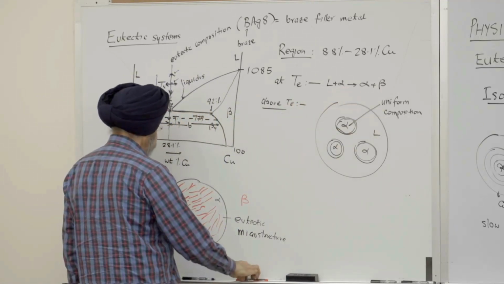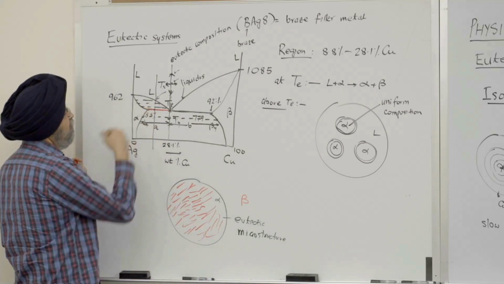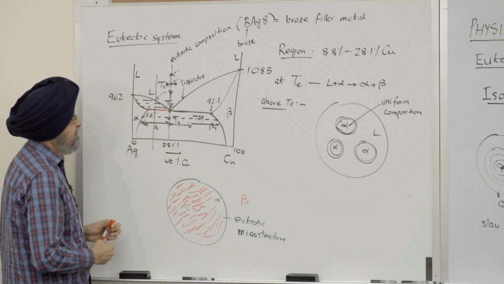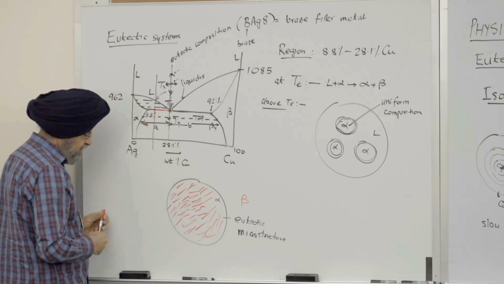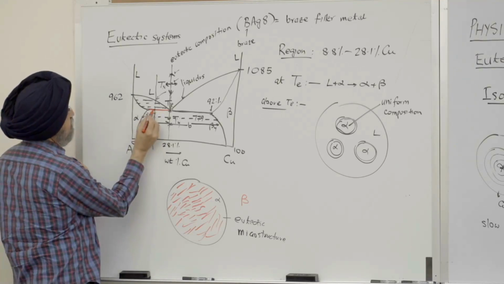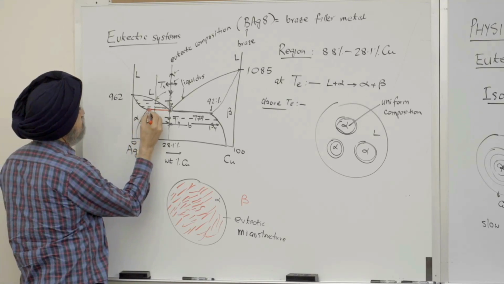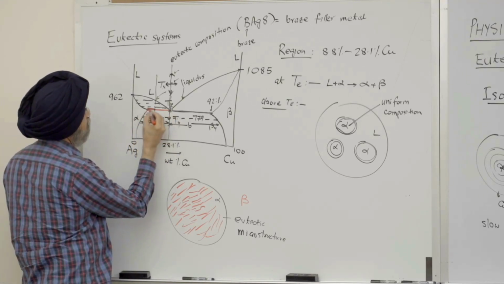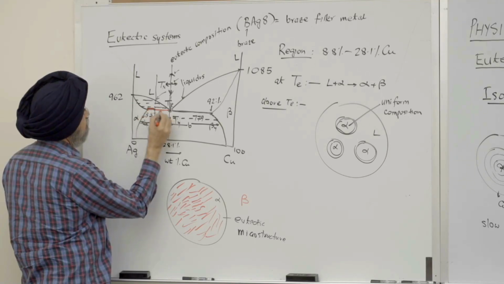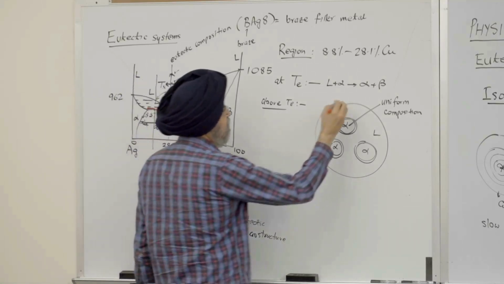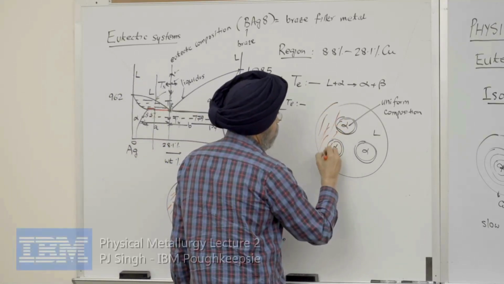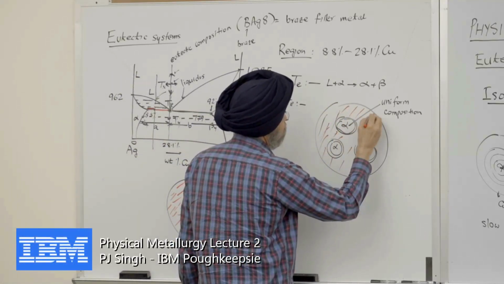So whatever happens below the eutectic, you will get the eutectic structure. So all the liquid that is remaining, and the amount of liquid remaining at the eutectic is this line divided by the line from here to there. So that's the fractional liquid. So all the liquid will give you a eutectic structure.